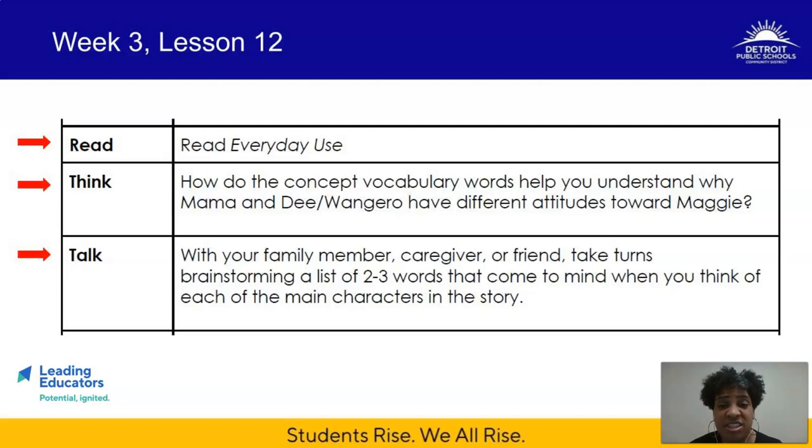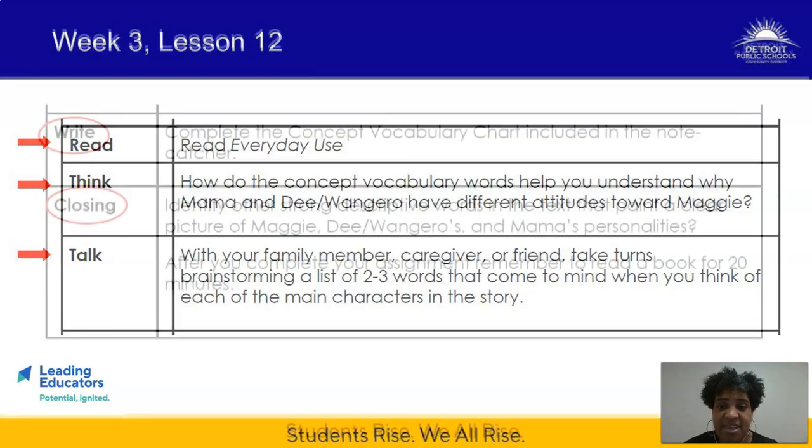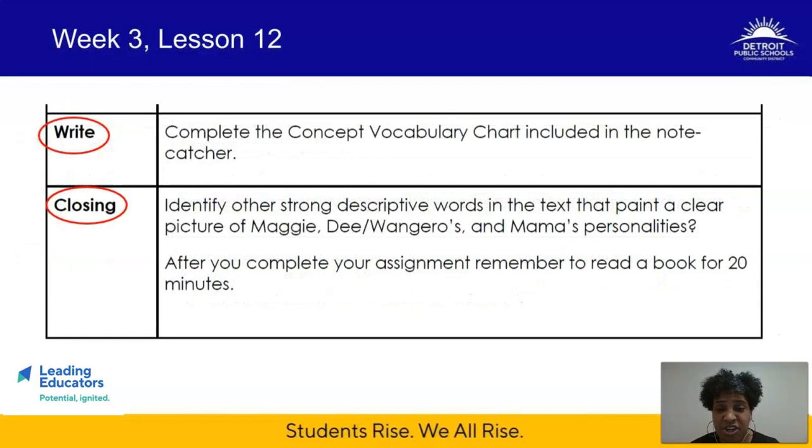And I want you to think through how these words help you get a better understanding of their attitude toward the other character, Maggie. The concept vocabulary chart you're going to go through today, and then a closing activity that has you coming up with another list of words. And I'll get into more details about those 2 ending sections a little bit later in the video.